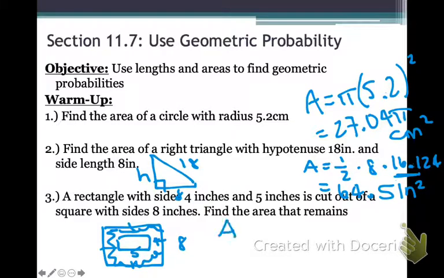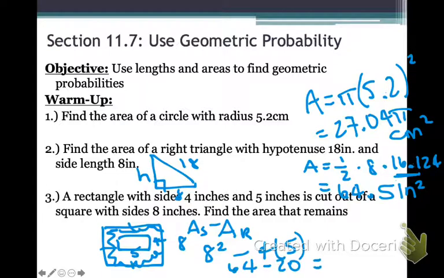The only way to do that is to do the area of the rectangle and subtract that off the area of the square. So my area of my square would be 8 squared minus 4 times 5 for the area of the rectangle. So 64 minus 20, which would leave me with 44 inches squared. And you're going to have to do that a lot on our problems we do today. Subtract to find area of shaded regions.